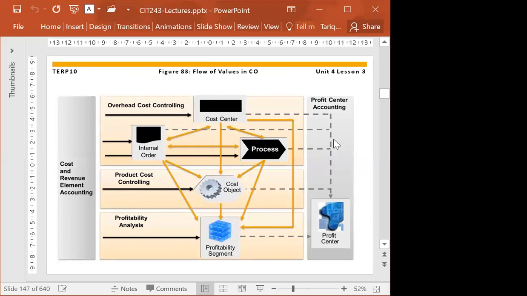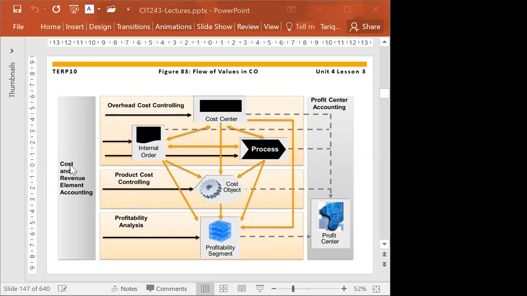We already discussed that, but let's talk again here. On this part, we have cost and revenue, cost accounting, cost element accounting, and revenue element accounting. There are two types of transactions coming from finance.